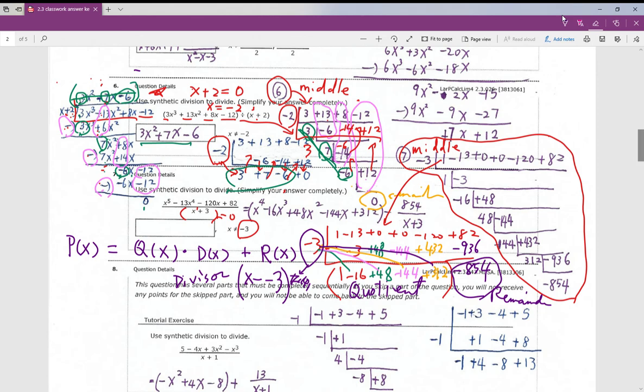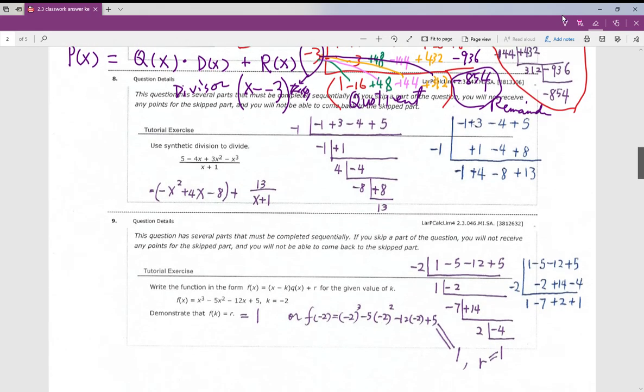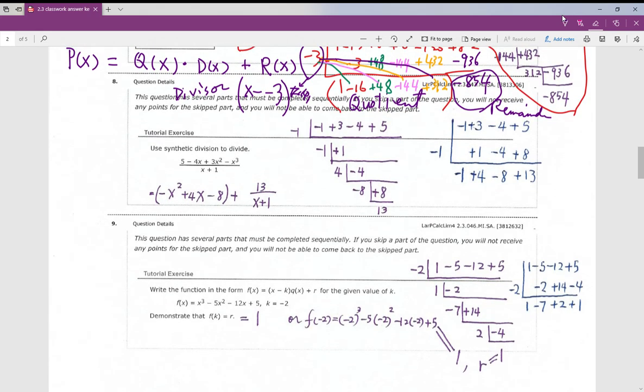Next, number 8. For number 8, you may directly try the synthetic division, but you want to rearrange. Start from the highest degree. You have x cubed plus 3x squared, take away 4x plus 5. You want to rearrange to here.